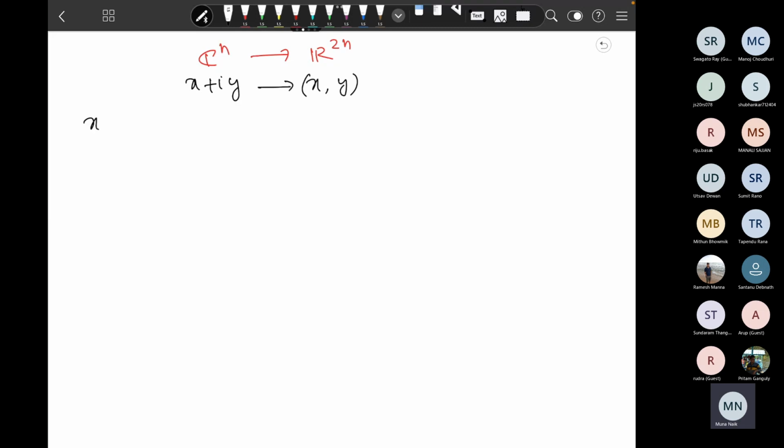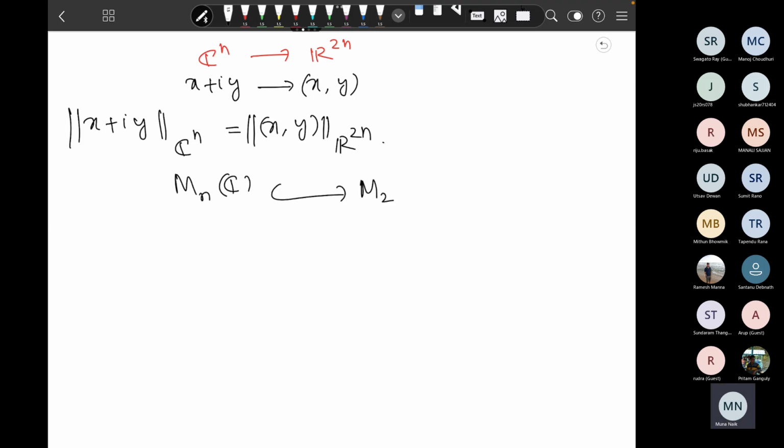So trivially, the norm of x plus iy on CN is the same thing as the norm of (x, y) on R2N. This is clear. Now you have the embedding of MN(C) into M2N(R). You take U belonging to MN(C) and ZU belonging to M2N(R).